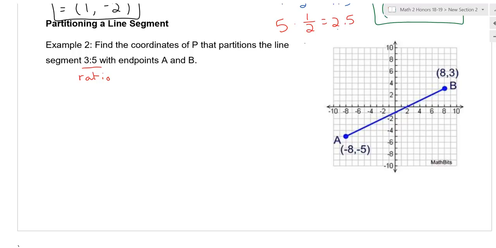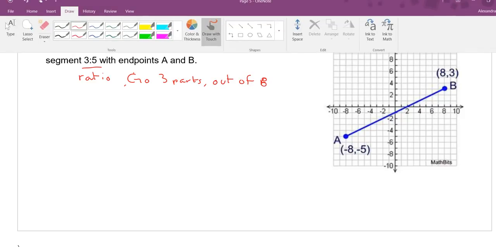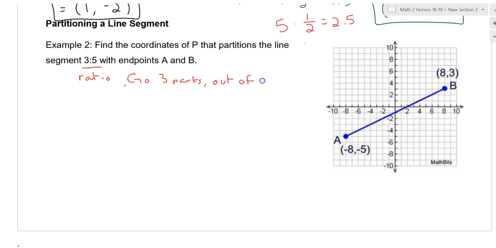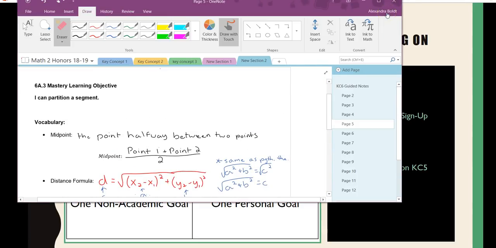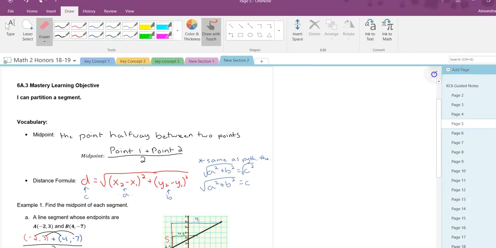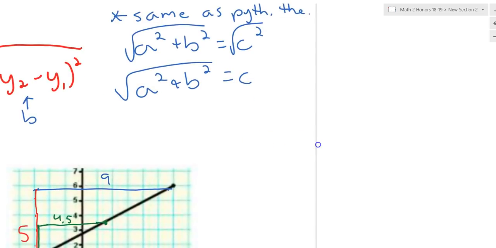Basically we want to rewrite that ratio as a fraction. So really it's saying go 3 parts, and then we have another 5 parts on the other end. So I have a total of 8 parts.